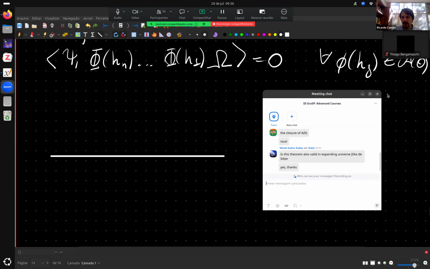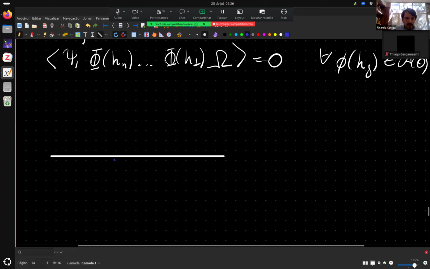Okay, so suppose my region O is just this blue region in here. This is my O. And then suppose my region O is some region in here, so let's just make it smooth.